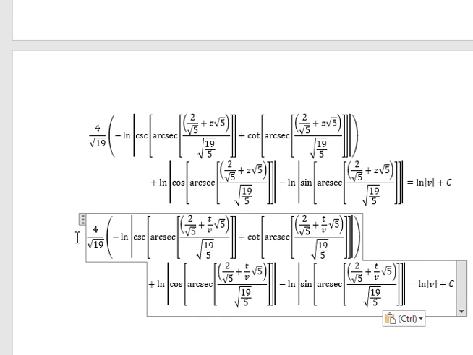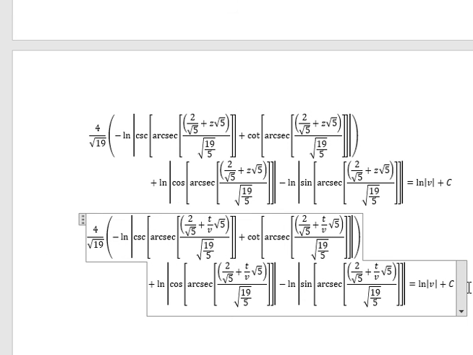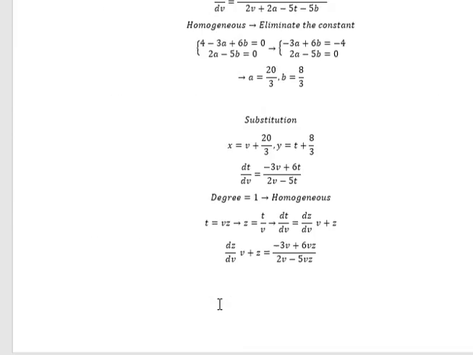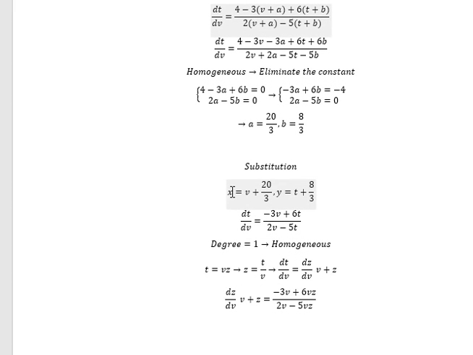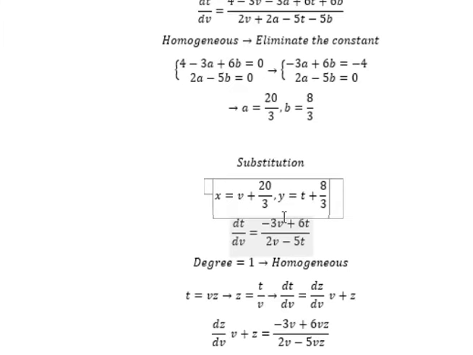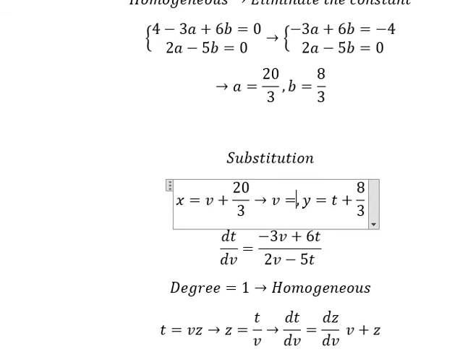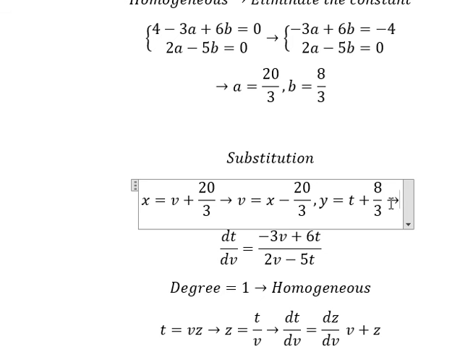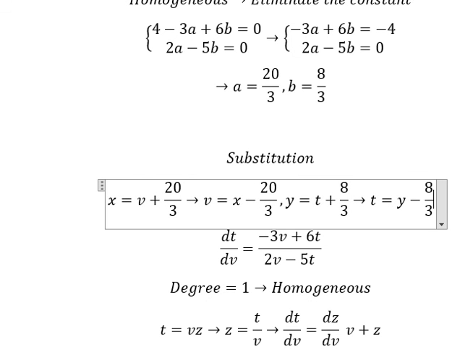Next, about t and v, we just calculate t and v in here. So we need to change v into s minus 20 over 3. And about t, we need to change t equals y minus a over 3.